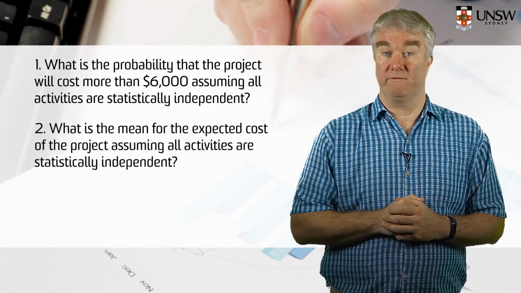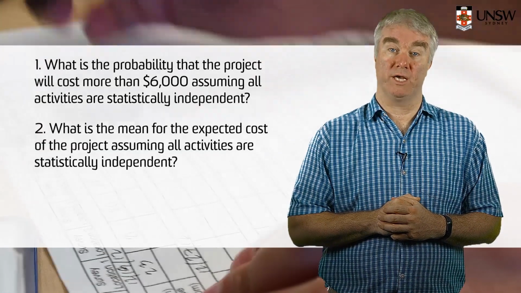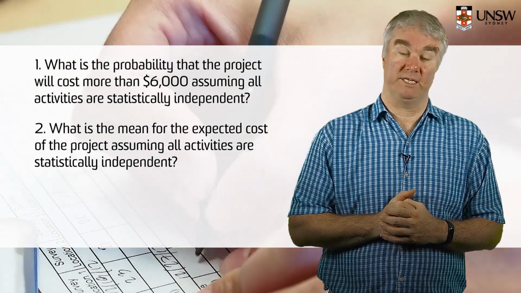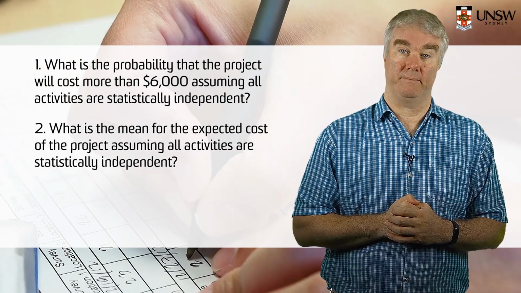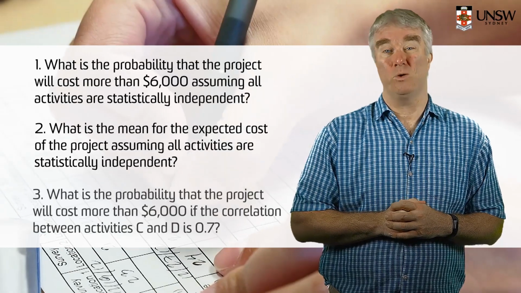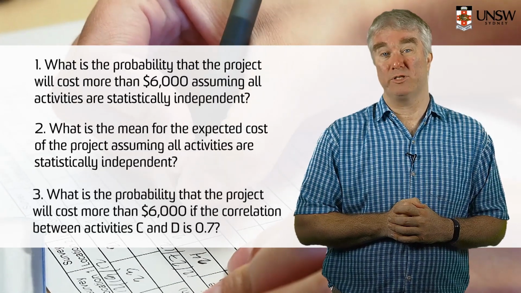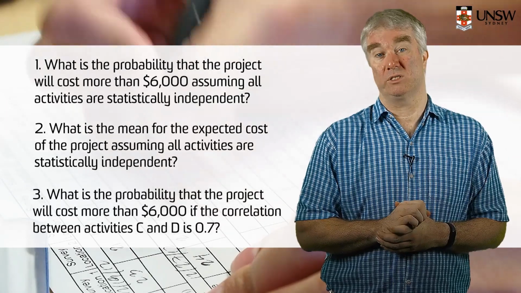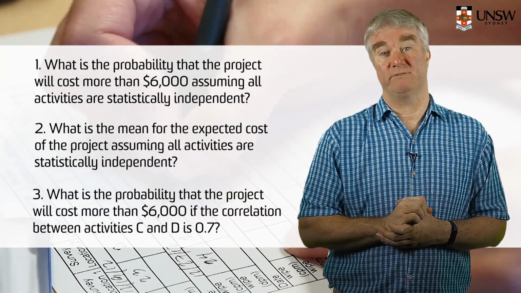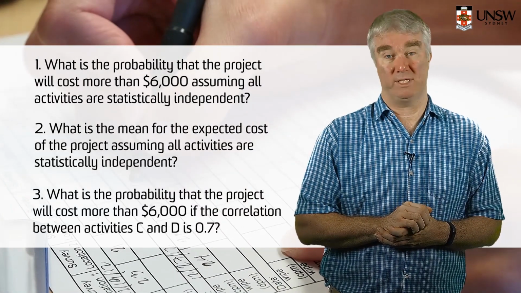What is the mean for the expected cost of the project, assuming all activities are statistically independent? And finally, what is the probability that the project will cost more than $6,000 if the correlation between activities C and D is 0.7?